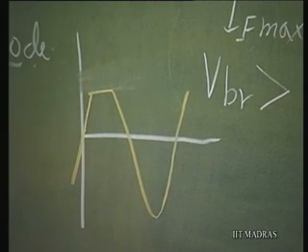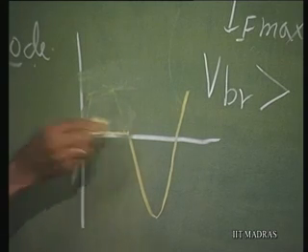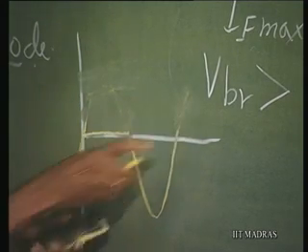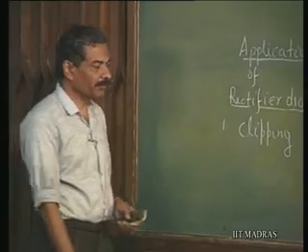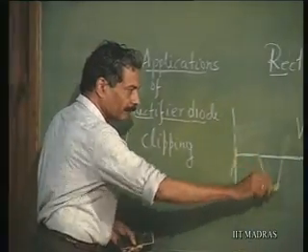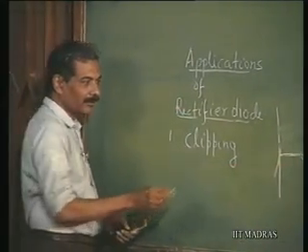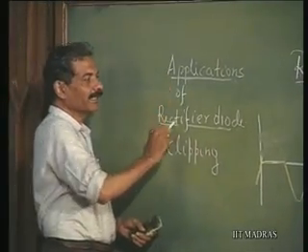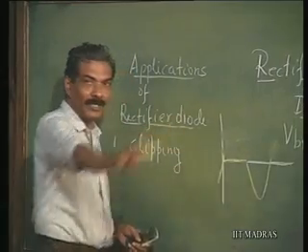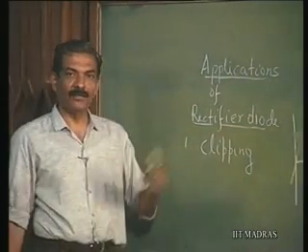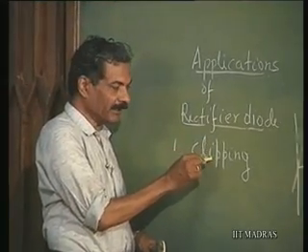Chop off this or chop off the entire half of the waveform, like this, simply cut that portion, remove it. A special case of this is called rectification. That is why it is called a rectifier diode, half wave rectification. From a full wave I can chop off one half and get half wave rectification. So, rectification is a special application of clipping.